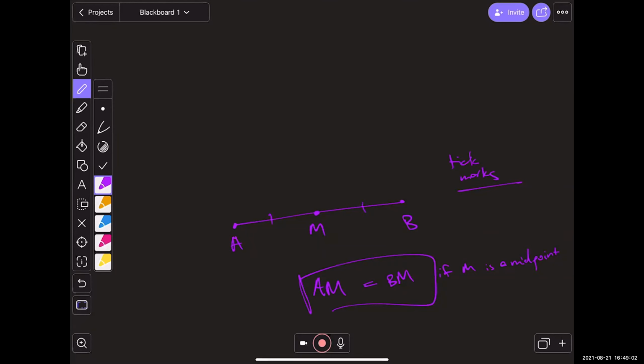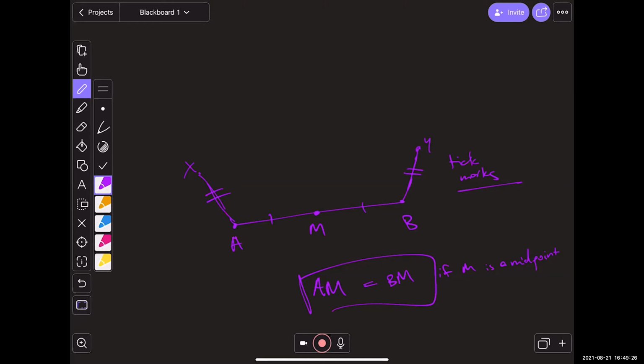Tick marks can be in many different ways. If there's more than just a single pair of line segments that are equal in length, we can have different kinds of tick marks. Say, for example, there's another line segment that's the same length as this one. Let's call them XA and YB. Then we can mark it with 2 tick marks instead.